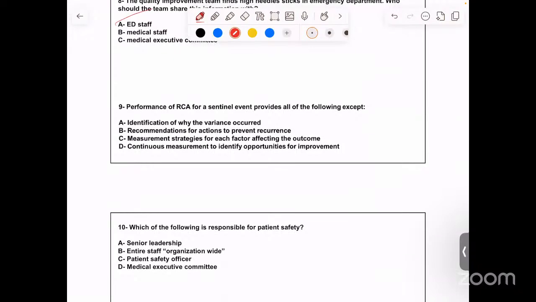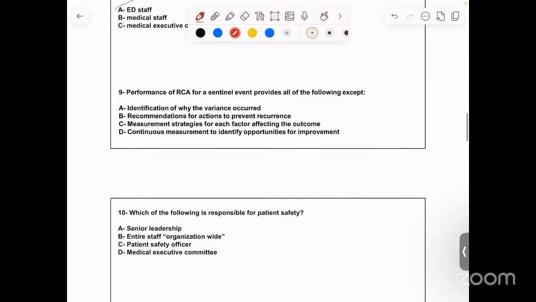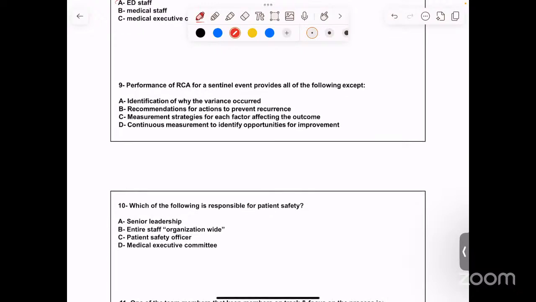Number 9. Performance of RCA, or root cause analysis, for a sentinel event provides all of the following except: A, identification of why the variance occurred; B, recommendations for actions to prevent recurrence; C, measurement strategies for each factor affecting the outcome; D, continuous measurement to identify opportunities for improvement. Root cause analysis includes all of the following here, except.